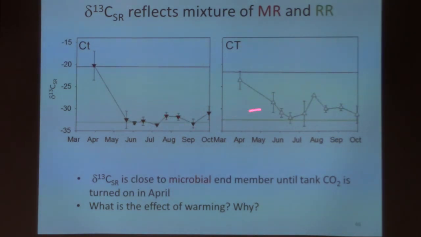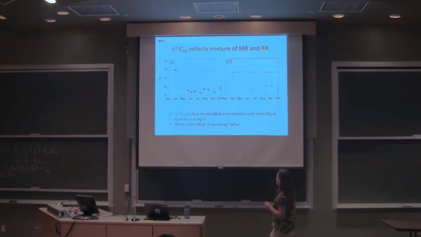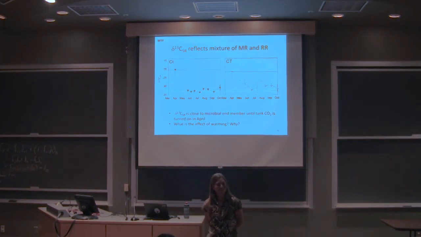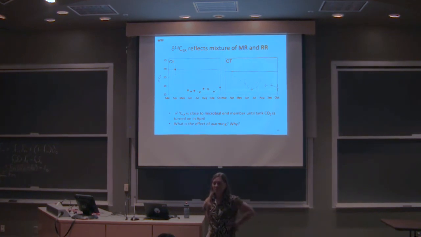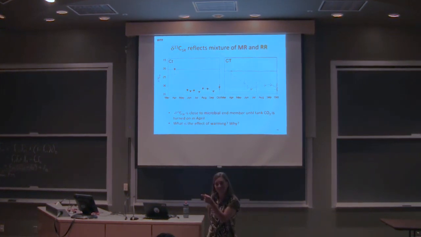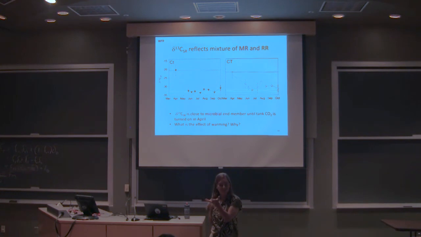And so what is the effect of warming on the partitioning of the soil respiration according to the isotopes? It's more microbial. What did you say, Tyler? It's more microbial, right?